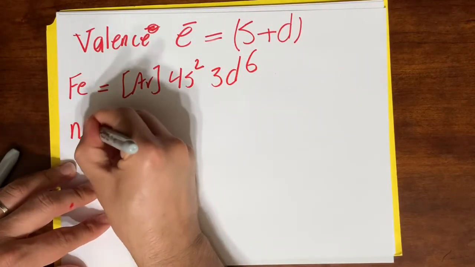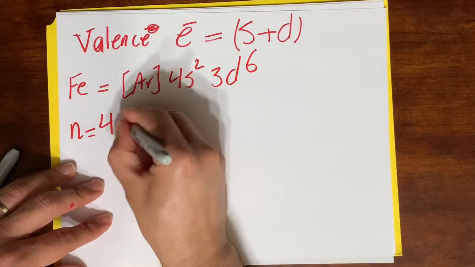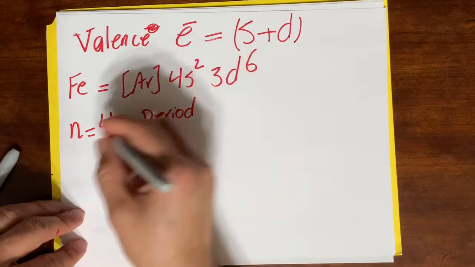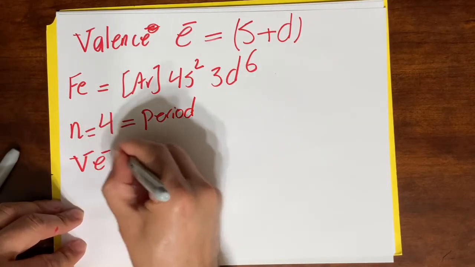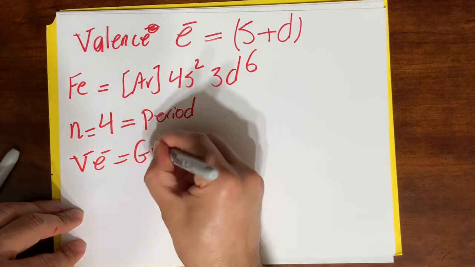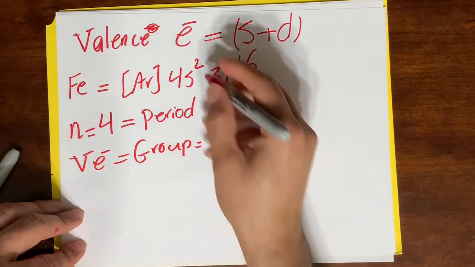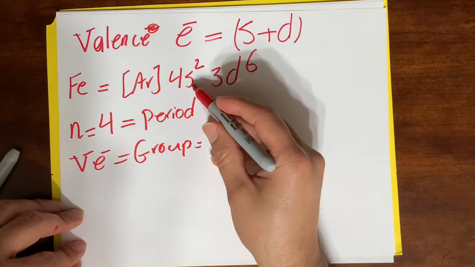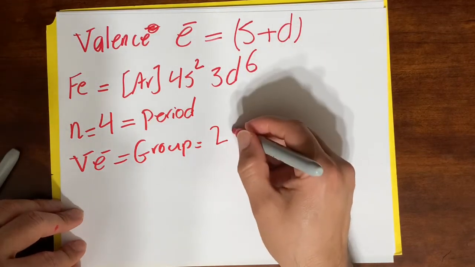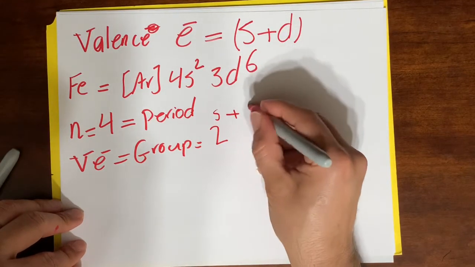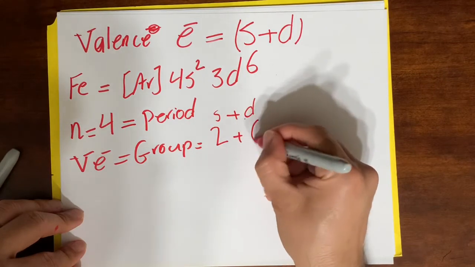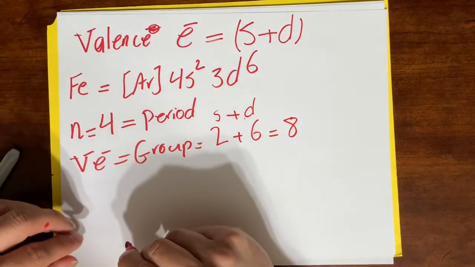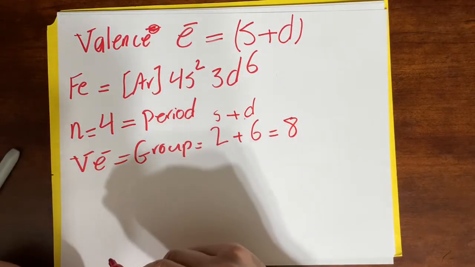Highest n in this case is equal to 4, so iron belongs to the fourth period. Valence electrons, which is equal to group, will be 2 for 4s plus the electrons of D. In D we have 6 electrons. So iron belongs to group 8 of the transition metals.